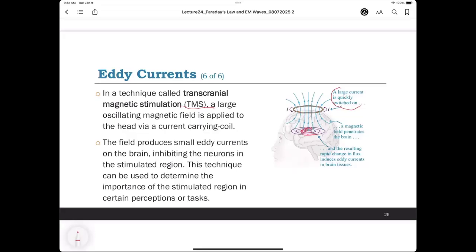This can help scientists find which area is active when we do some task, maybe do sports, and then it will help scientists improve our brain or find a cure method for some specific disease. Does that make sense to you? Okay, let's continue.